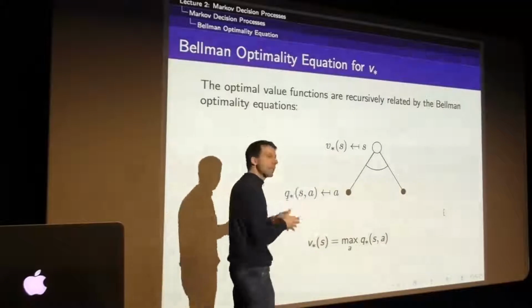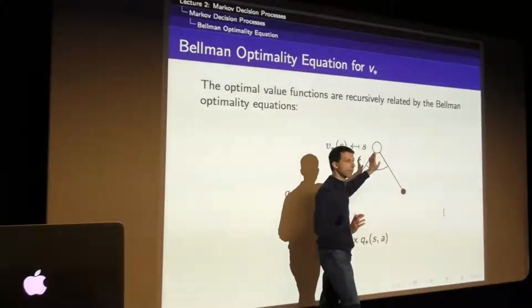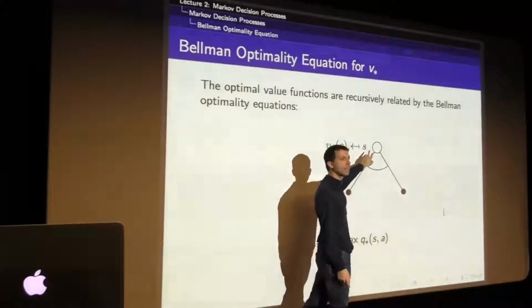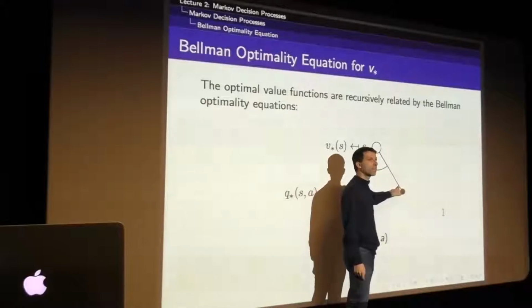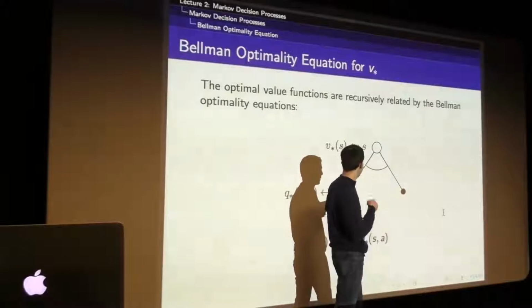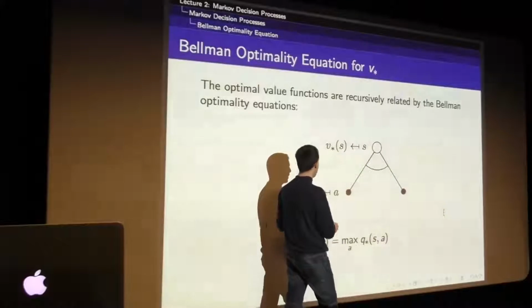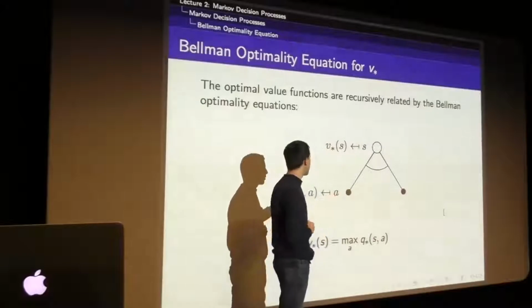And what we can do is a one-step look ahead again. The way to understand this is to ask, what's the optimal value of being in some state? Well, each of the actions you might take will take you to one of these chance nodes, one of these action nodes. When we reach that action, we can look at the action value.